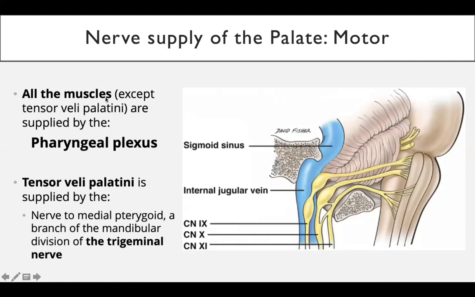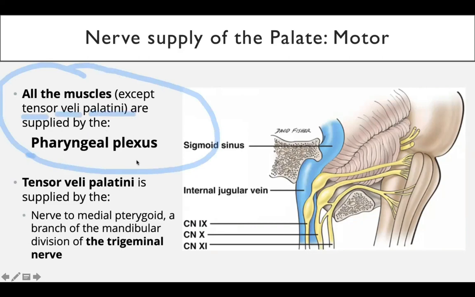So motor: all the muscles except tensor veli palatini, the exception, are supplied by the pharyngeal plexus. Similarly, all the extrinsic muscles of the tongue are supplied by the hypoglossal nerve except palatoglossus, which is also not supplied by the pharyngeal plexus.